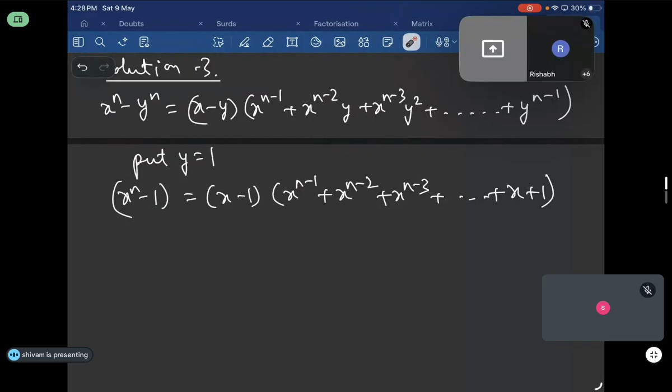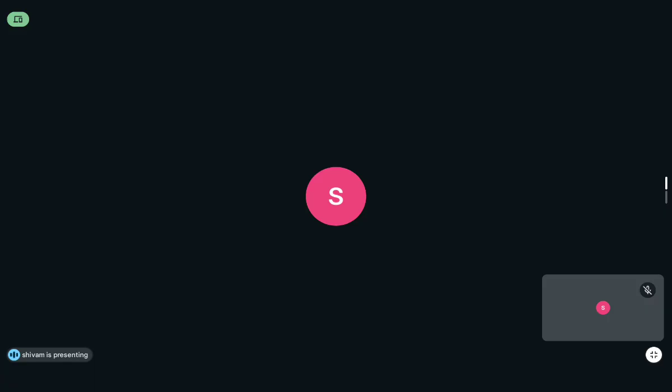I need to substitute n is equal to 5. So x power 5 minus 1 will be equal to x minus 1 into x power 4 plus x cube plus x square plus x plus 1.